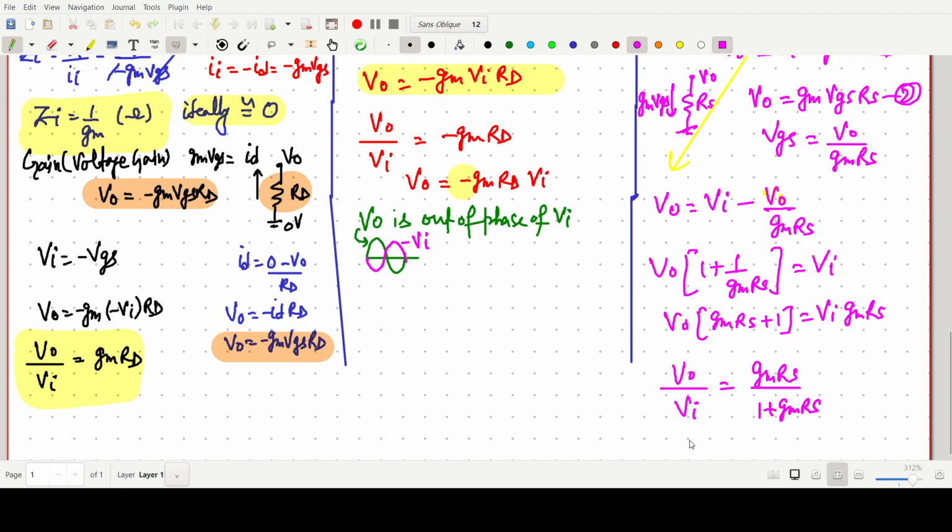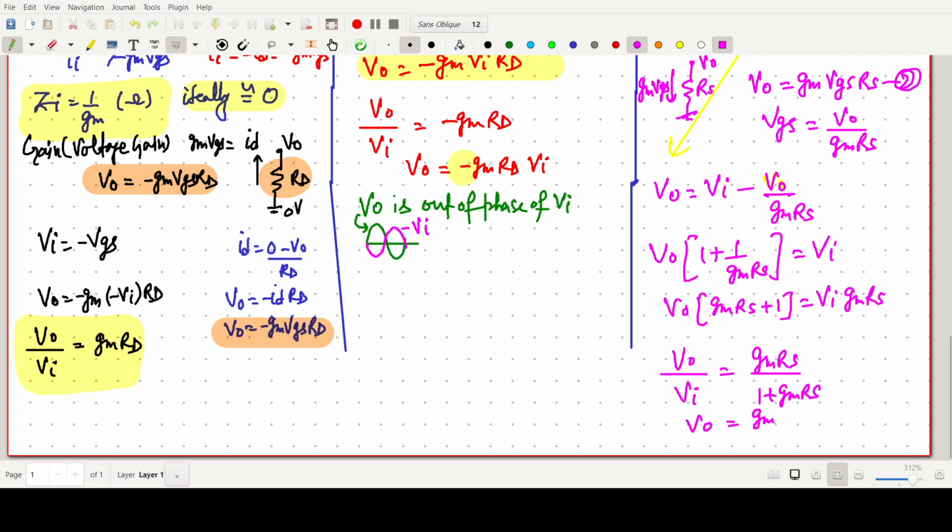So V naught is gm RS by (1 plus gm RS) into Vi.